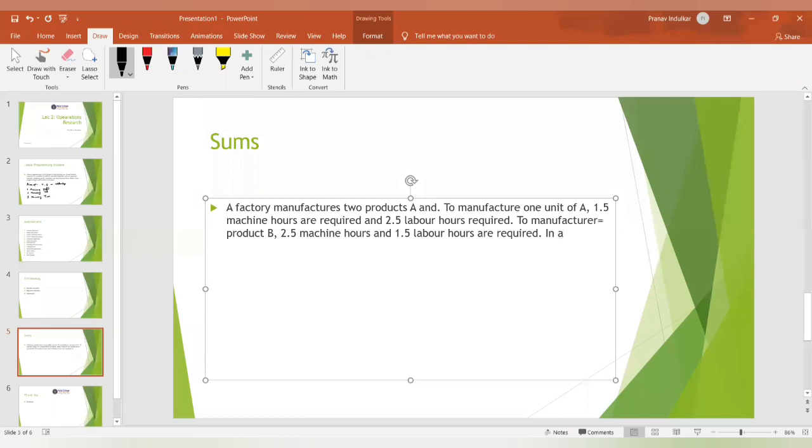Okay, so you see this now. I've put up the problem. Now there is a difficulty in the sum. It says that in a month 300 machine hours are available.